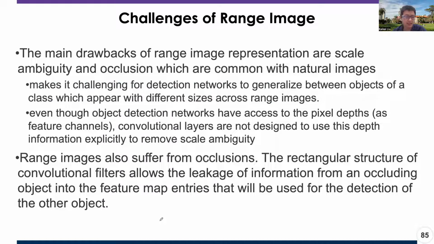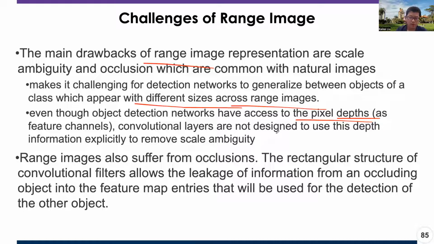Yeah, so they list some of the main drawbacks of the range image representation. It's pretty hard for the neural network to generalize over objects, because the object size changes significantly in different range images. And with a CNN you can detect pixel depth, but previously we got the depth, for example, using XYZ and the range.